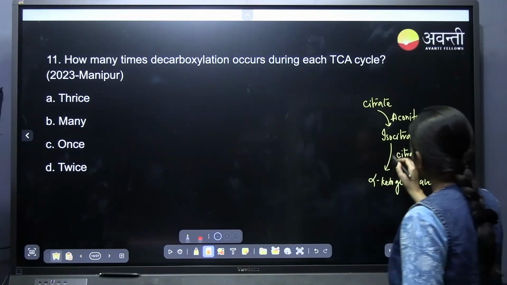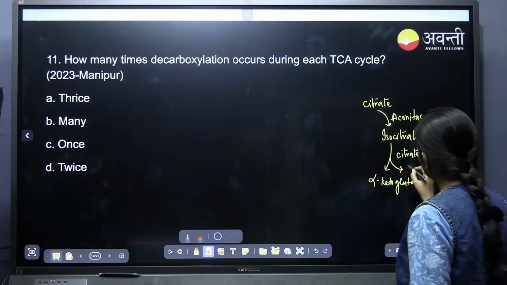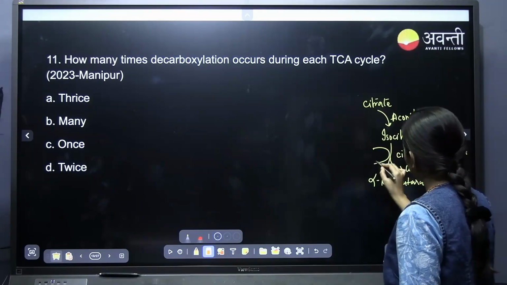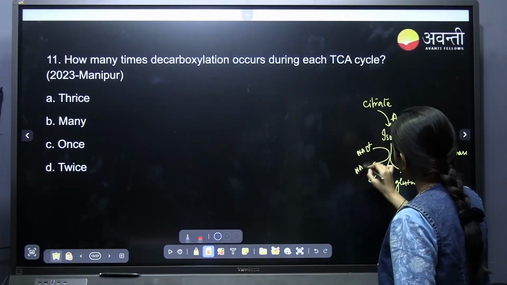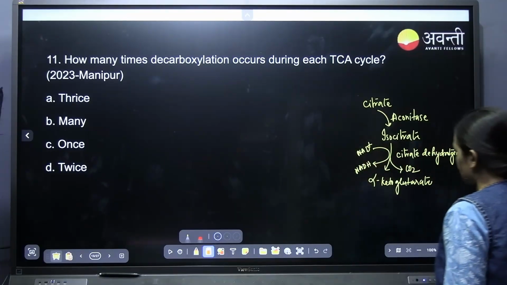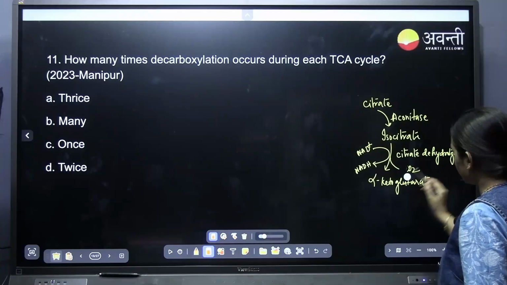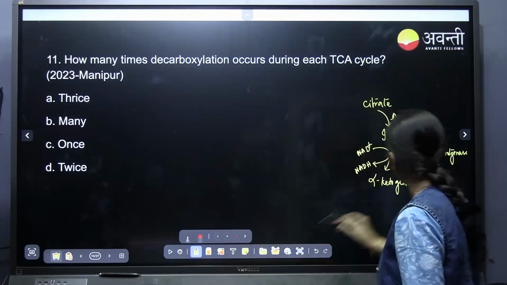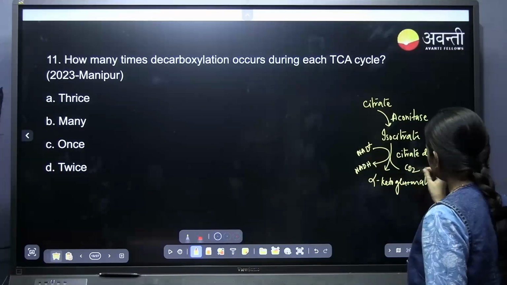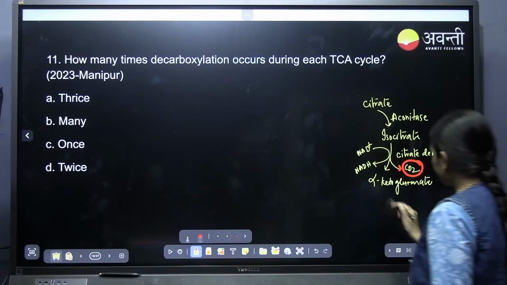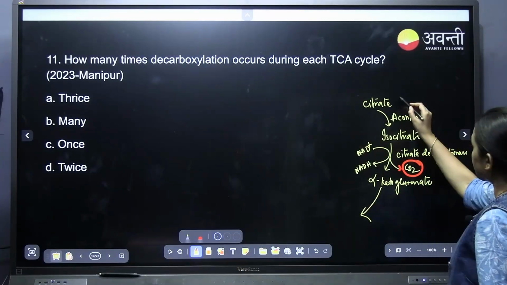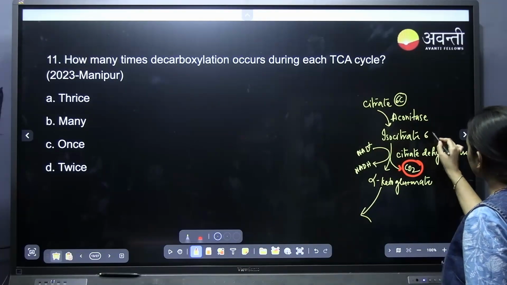where a molecule of CO2 will be evolved and NAD plus will be converted to NADH. Understood? So, here one molecule of CO2 is evolved. And alpha ketoglutarate, see here, this is 6 carbon compound, this is also 6 carbon.